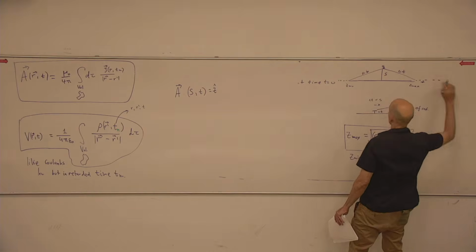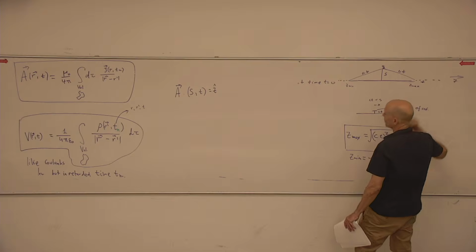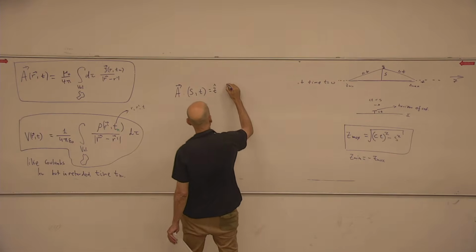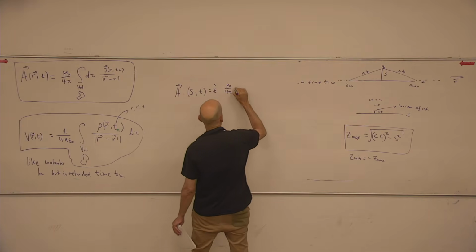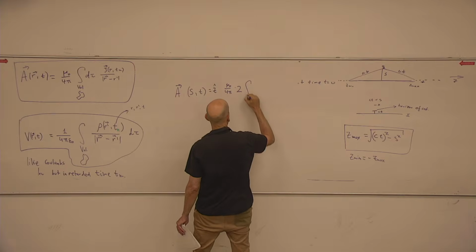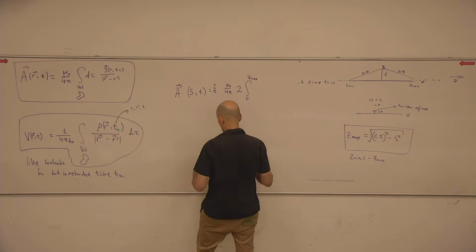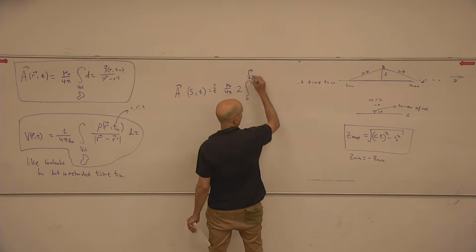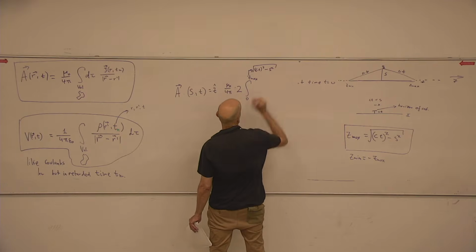Because the current is in the z direction. So we know the direction of the current, at least that. You always have mu0 over 4 pi. Now I'm going to write here 2, an integral. I'll soon explain this 2, up to z max, and z max we have before, the square root of Ct squared minus s squared.